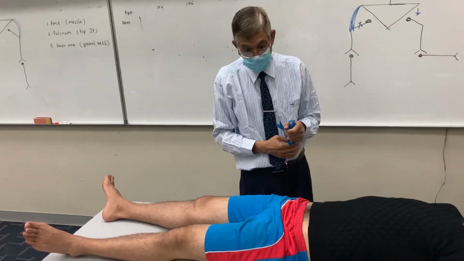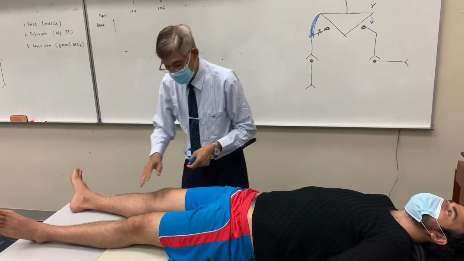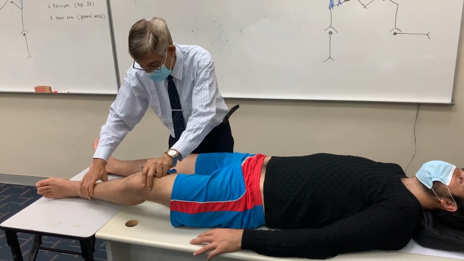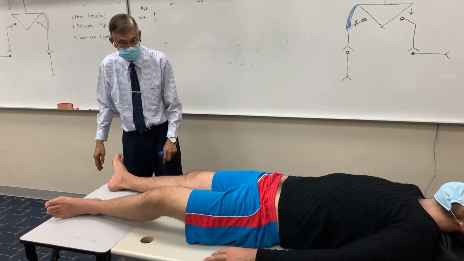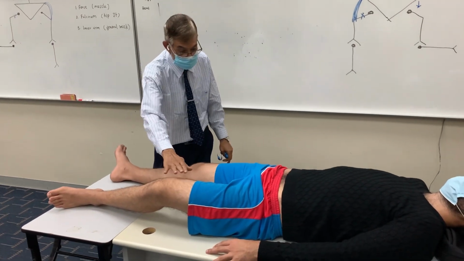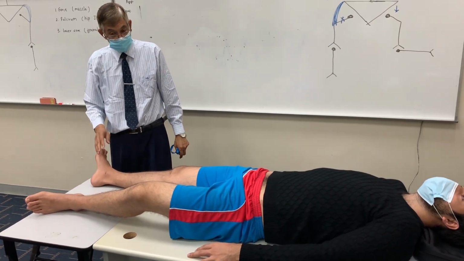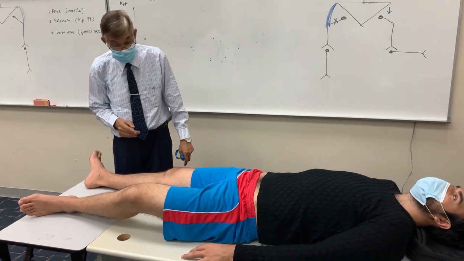Second is the limb position. You must adjust the limb position. The disease side is the left side. For example, the disease side is like this, maybe in external rotation. So the normal side must follow the disease side.